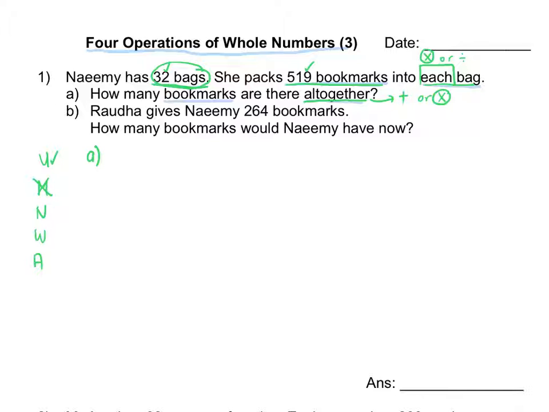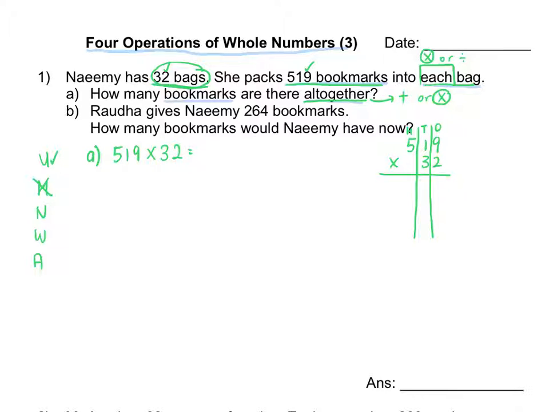So let's write the number equation. 519 times 32 equal. How do we solve this question? Do your working on the side. 519 times 32. Okay, label the place value chart. HTO.